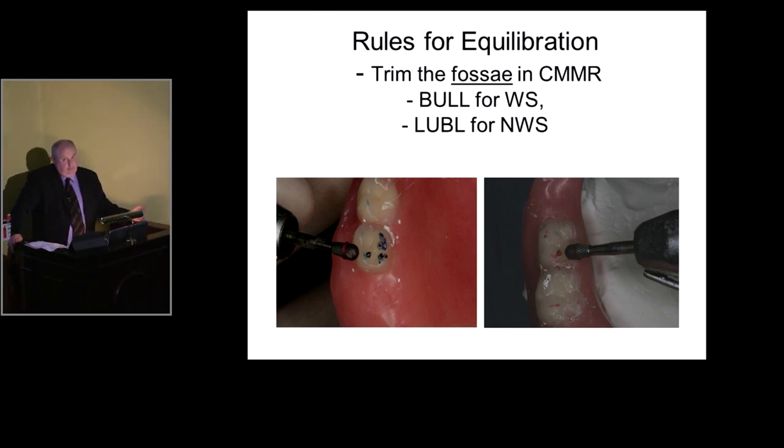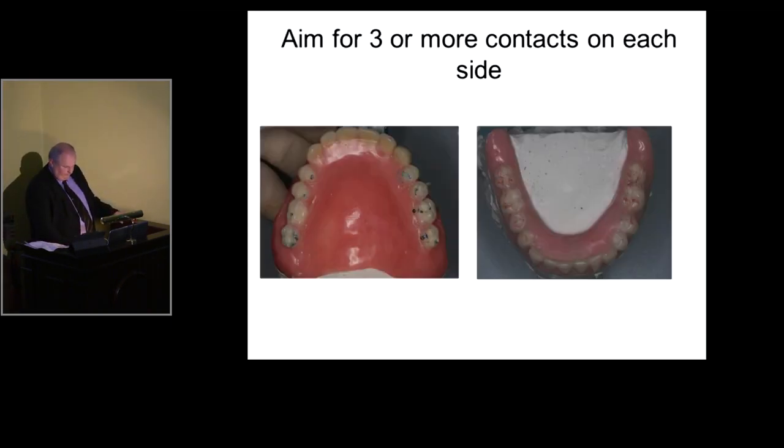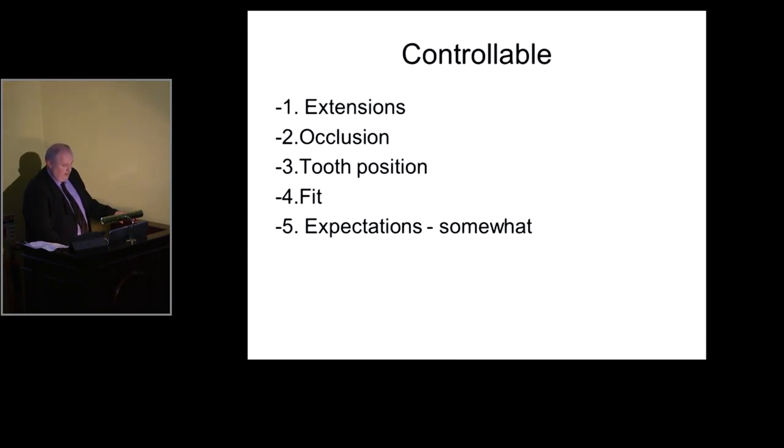You equilibrate the buccal of the upper and the lingual of the lower. And if it's a non-working side discrepancy, you use the Lubbock rule, lingual upper, buccal lower. Many times when I would ask students where do you adjust on a denture, they'll say the bull rule. That's only working side. So always start from centric. Adjust the fossa. 3 contacts on each side if possible.